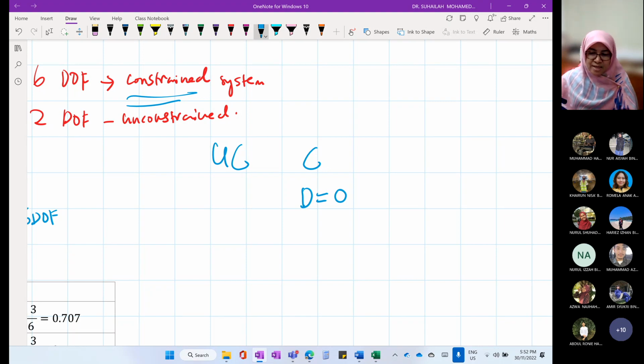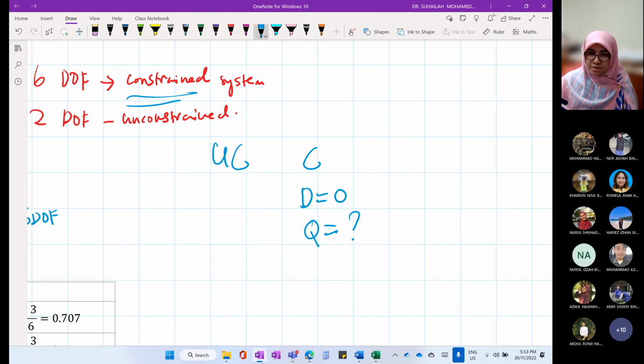And in the constrained system, there are unknown reactions. Unknown reactions we label as Q. This is the outcome, this is the goal, this is the objective. Displacement is 0 because of the support, and at the support there are unknown reactions, and these unknown reactions are the output, the second output.